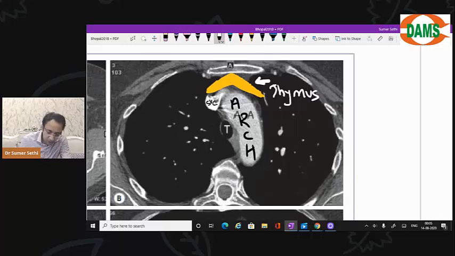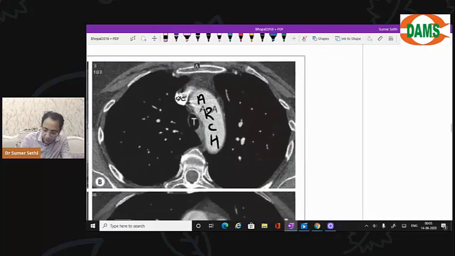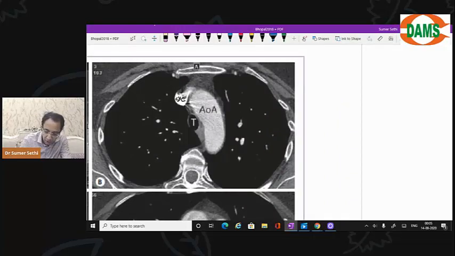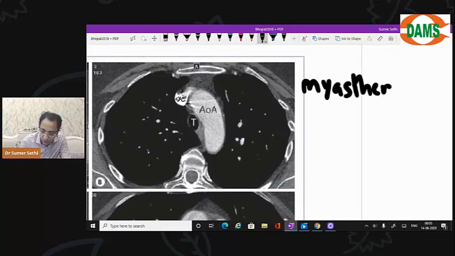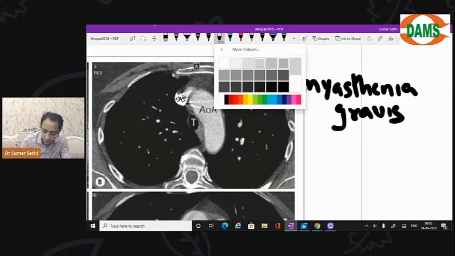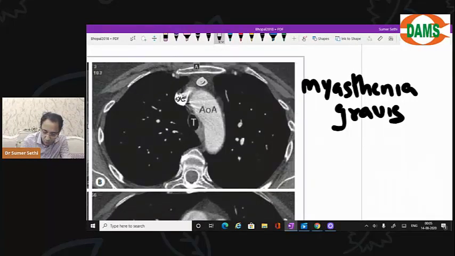Okay, everybody now. Let's see if you can answer. Let's see who among you tells me. Think and answer, okay? A patient has myasthenia gravis. And his CT scan shows a tumor here.